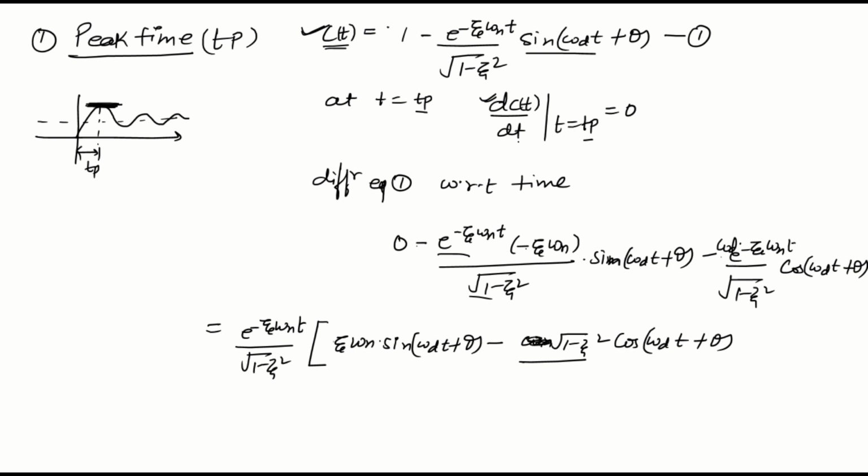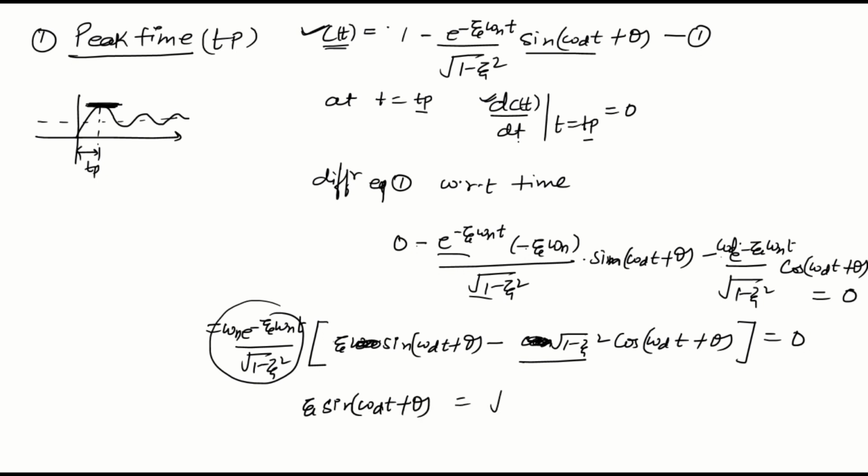I can take omega n also common. The right hand side term is 0, so this goes to 0. So zeta sine omega d t plus theta equals square root of 1 minus zeta square cos omega d t plus theta. I can take this ratio to get the value of tan theta.